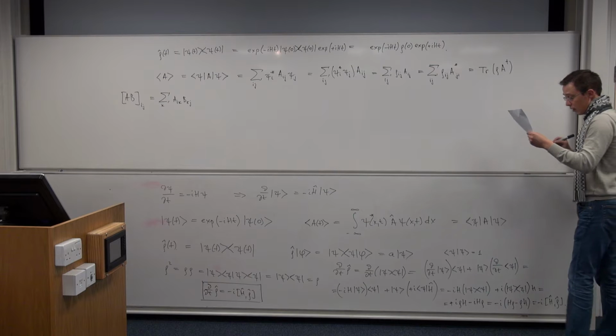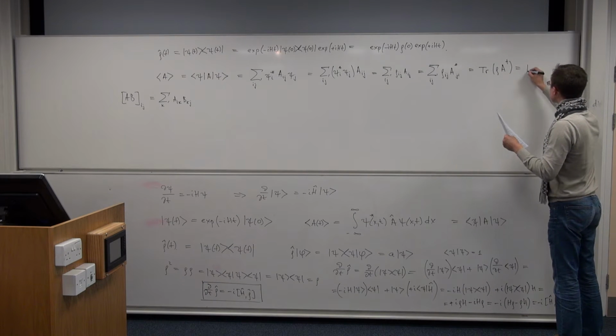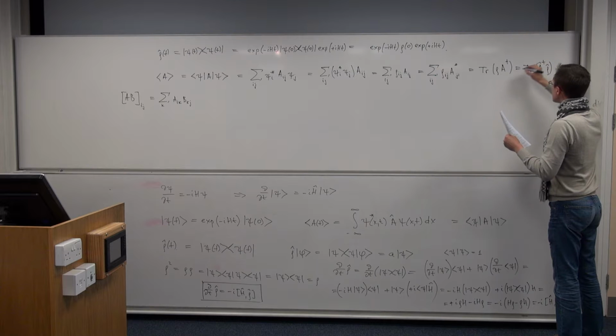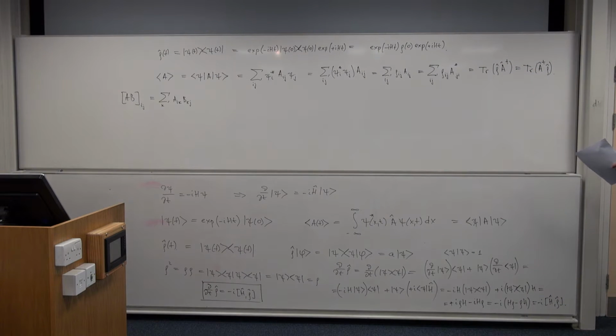Because you can permute things under the trace, it's usually written as trace of A Hermitian conjugate rho, with hats in various places. Now, this Hermitian conjugate operation here is in a way moot because most observables are Hermitian. In fact, if you subscribe to a certain philosophical school, then all observables are Hermitian.